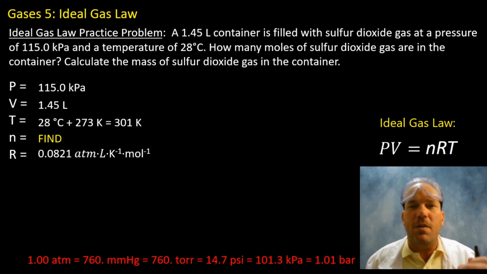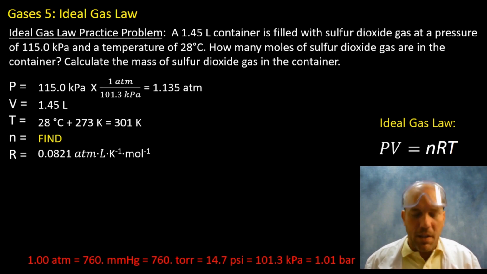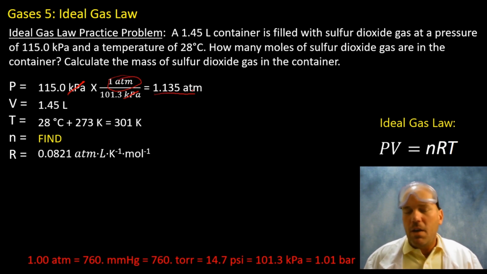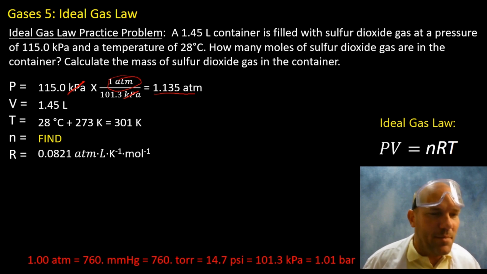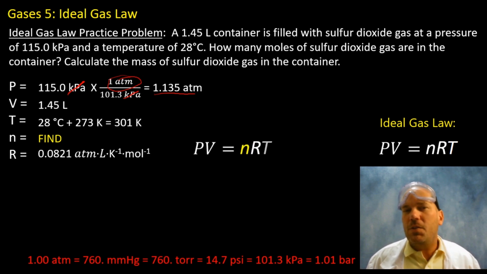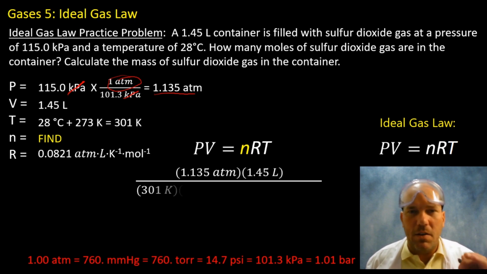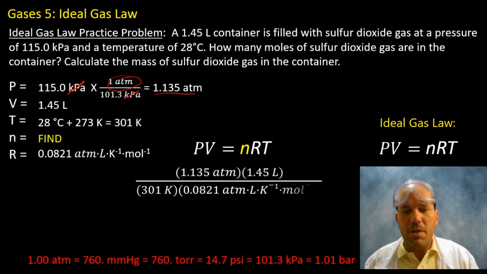Let's convert 115 kilopascals into atmospheres here. Using a little dimensional analysis, we're able to do that, and we have our new value of 1.135 atmospheres. Let's use the equation and plug in our numbers for each variable.